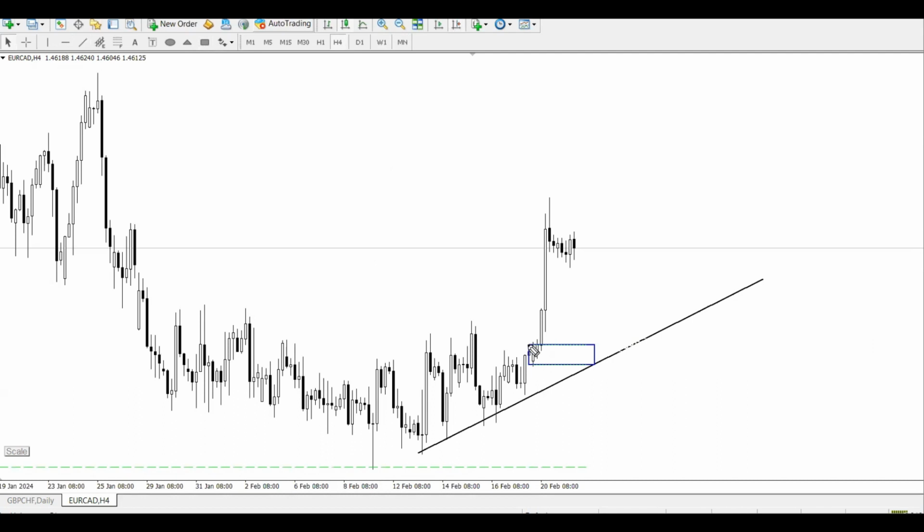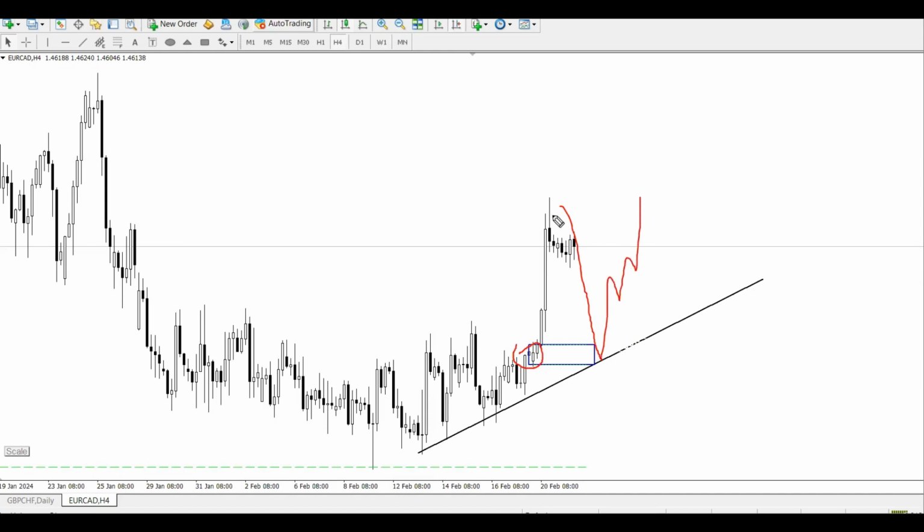But, well, look at the departure height and it broke the resistance, small resistance of low time frames, M30, M50, or maybe H1. So wait for the price to test the trend line plus to hit this area.